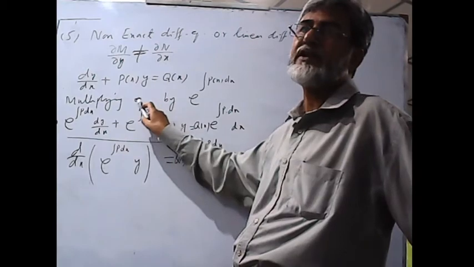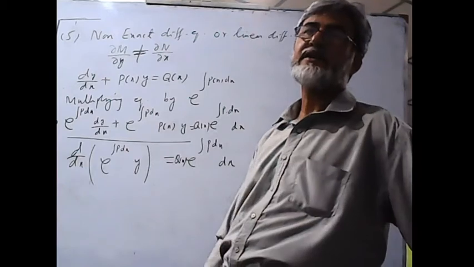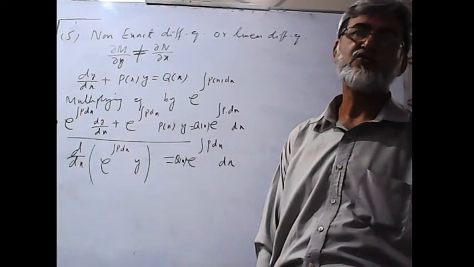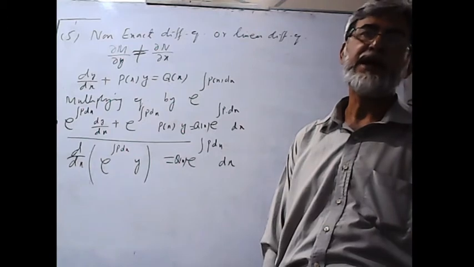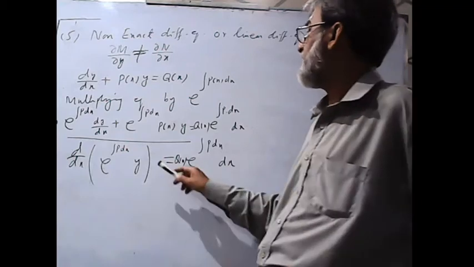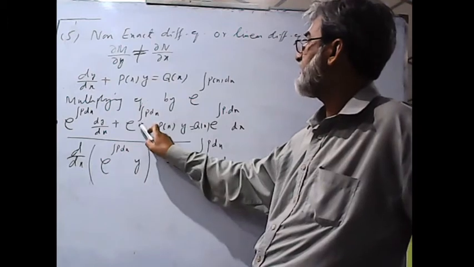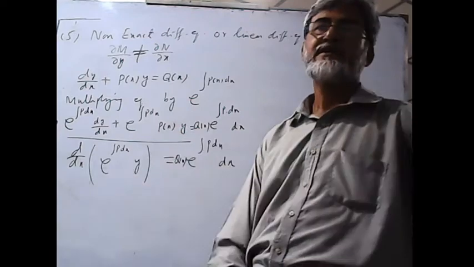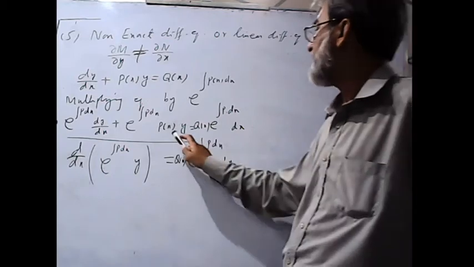If you integrate you get this, and if you differentiate you get p dx. Just like the derivative of e to the power x squared is e to the power x squared multiplied by the derivative of x squared, which is 2x, in a similar pattern the derivative of the power integral of p dx is p of x. Integral and derivative cancel, so you get the original function.